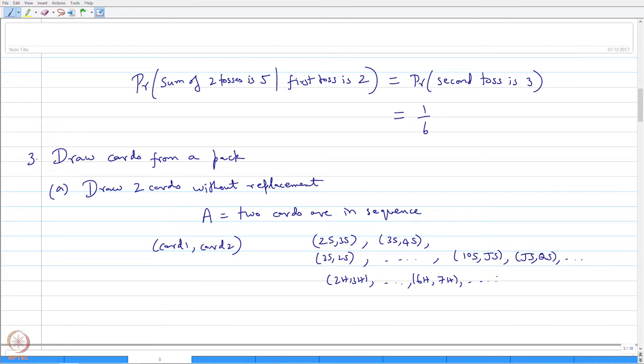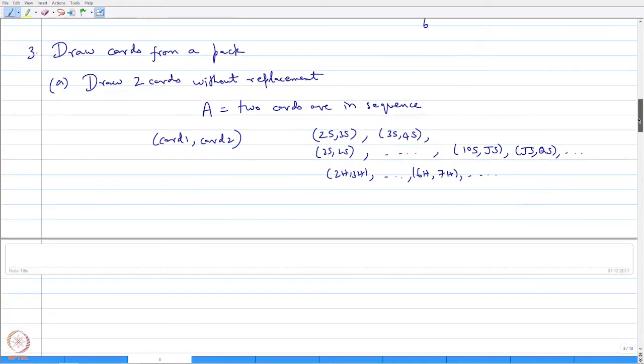So, that is called a sequence, and we have card 1 and card 2, and we want these 2 in a sequence. So, I want to figure out this event A, which is 2 cards are in a sequence, and I will do this cleverly by conditioning on the first card. Now, if you notice, depending on what card 1 is, you may or may not have a sequence.